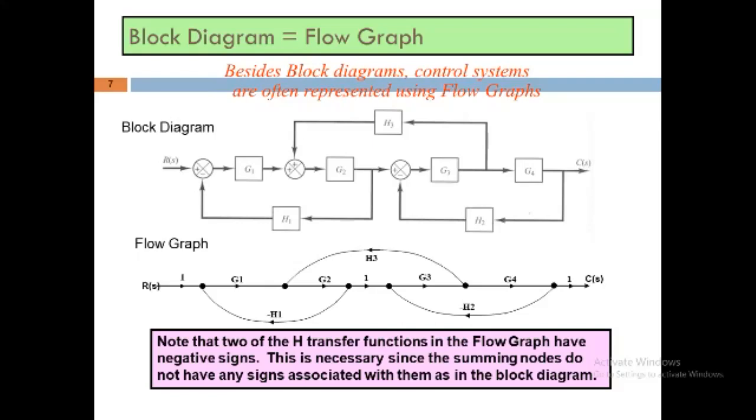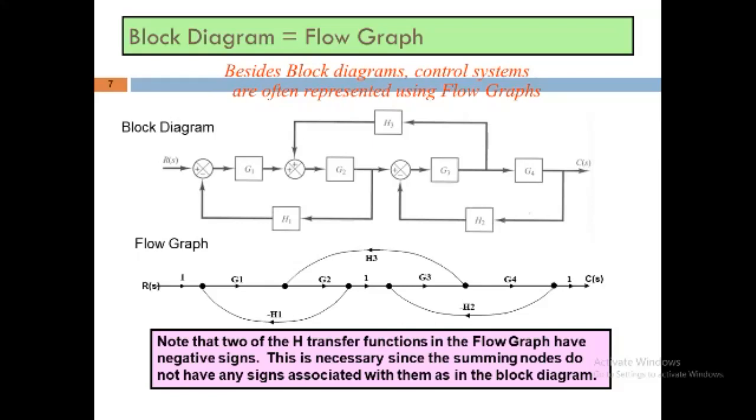If the transfer function is noted as G of S equals the output of S upon the input of S, where the input is R of S, then G of S equals C of S upon R of S, where C of S is the Laplace transform of the output and R of S is the Laplace transform of the input. Both C of S and R of S are polynomials, so G of S can be written as Bm into S to the m plus Bm minus 1 into S to the m minus 1 and so on, divided by An into S to the n plus An minus 1 into S to the n minus 1 and so on.